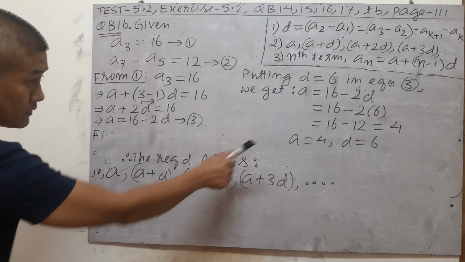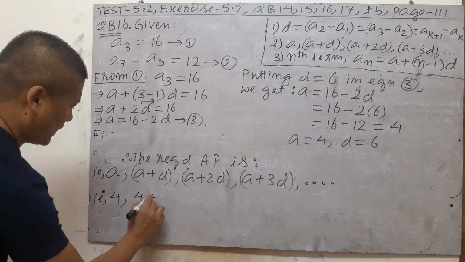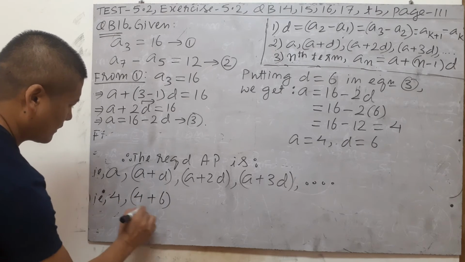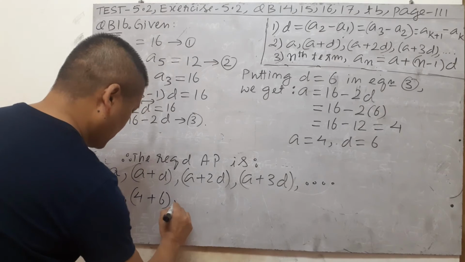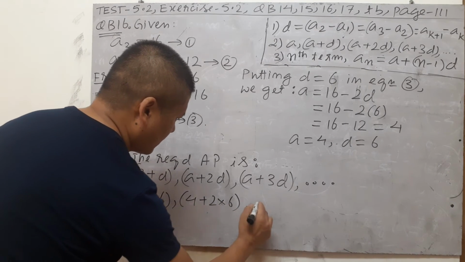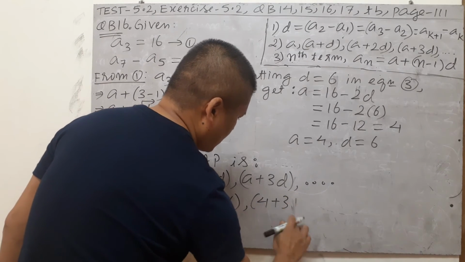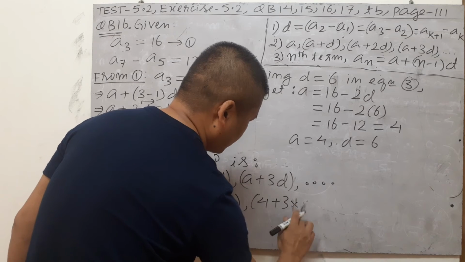A is, as you can see here, 4. Then 4 plus D, where D is 6, and then 4 plus 2 into D, 6, then 4 plus 3 into D, 6.